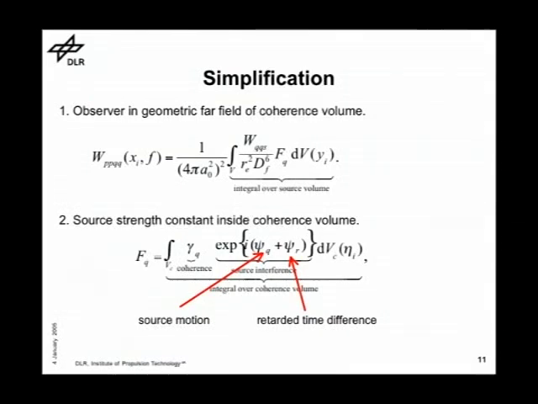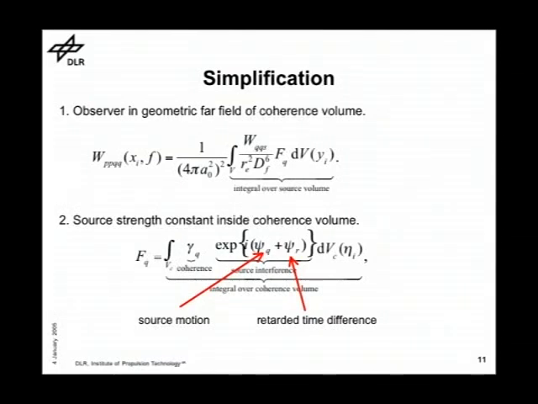So I repeat this once more in an abbreviated form. The inner integral is replaced by Fq. I now assume I'm in the geometric far field of this inner volume. If I then, in addition, assume that the source strength, these two power spectral densities, remain constant inside the inner volume, then I get a simple expression like this.